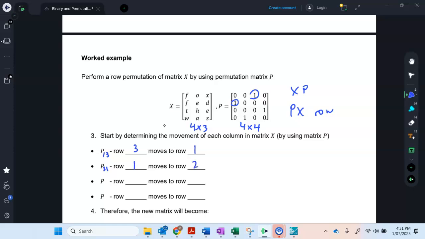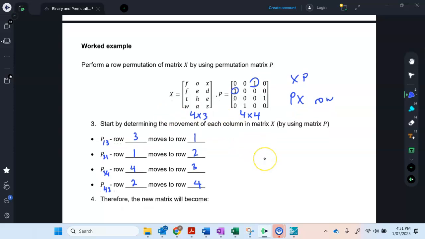And then we've got 3, 4, so it goes from row 4 to row 3, and then the last one is row 4, column 2, so we go from row 2 to row 4. You'll actually notice how if we did this in order, it goes 1, 2, 3, 4, which is super duper.